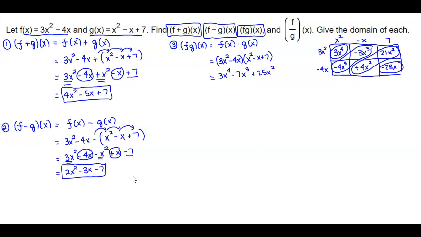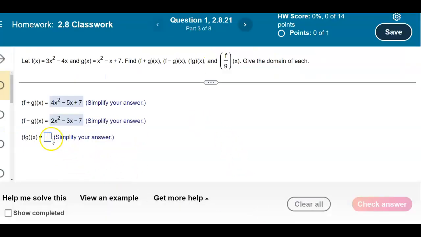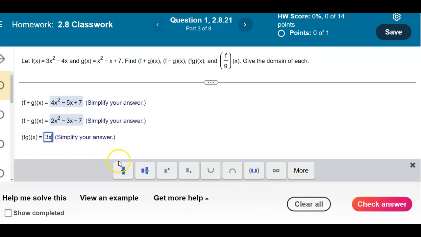And then it's minus 28x. So therefore, there is our answer: 3x to the 4th minus 7x cubed plus 25x squared minus 28x.